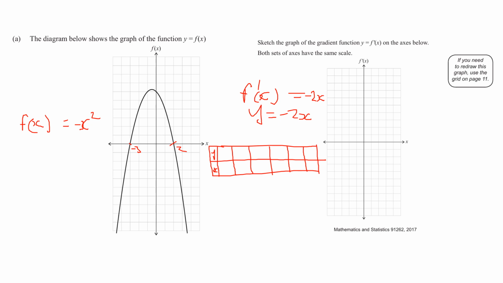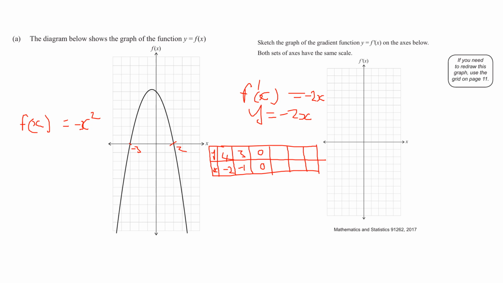Let's say, for example, x is equal to minus 2, then y is equal to 4. If x is equal to minus 1, y is equal to 3. If x is equal to 0, y is equal to 0.